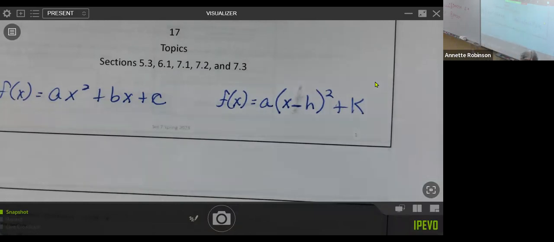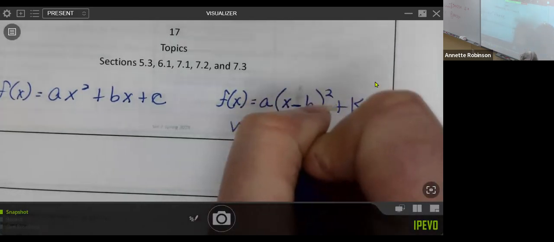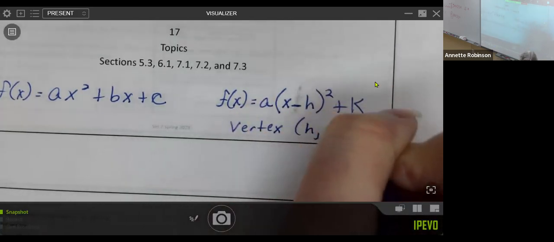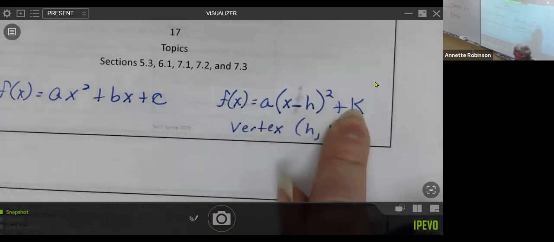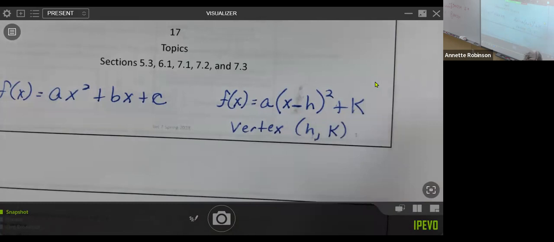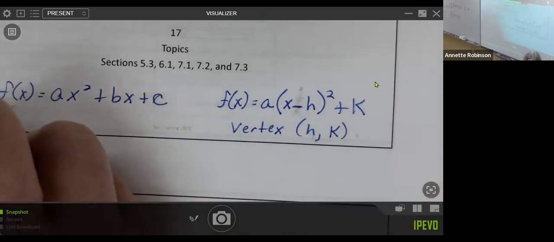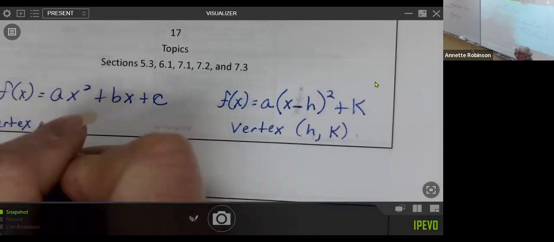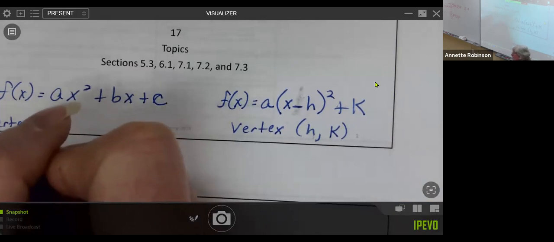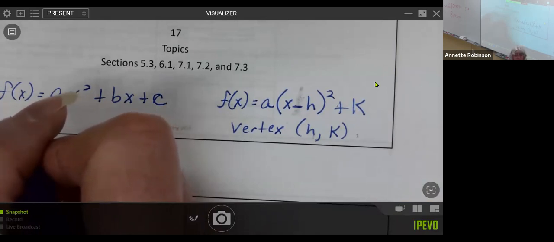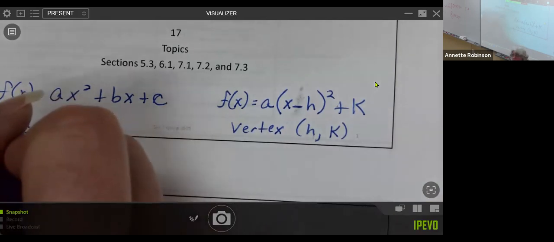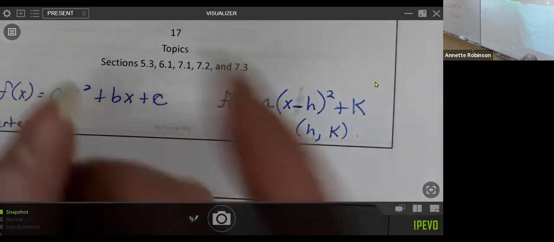Your vertex in this case is (h, k), so you want the opposite of this number, but you want that one just like it is. Your vertex in this case, y'all remember the quadratic formula? The quadratic formula starts with x equals negative b.